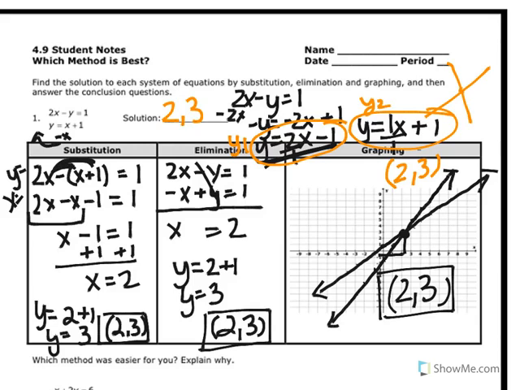For elimination, you had to rearrange the two equations to make sure the x's and the y's were lined up. On the third one, for graphing, you had to solve both equations for y so that you could graph it. And then, of course, you had to solve it for y to use your calculator as well. So, which method was the easiest for you? Write that down right here and explain why.